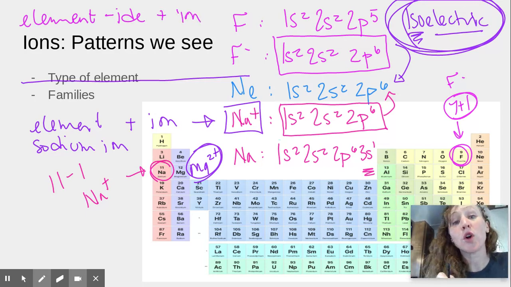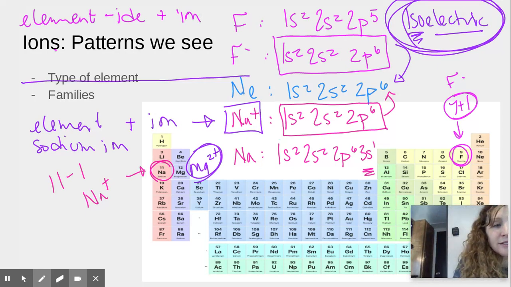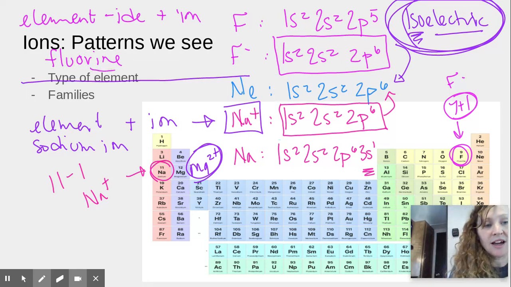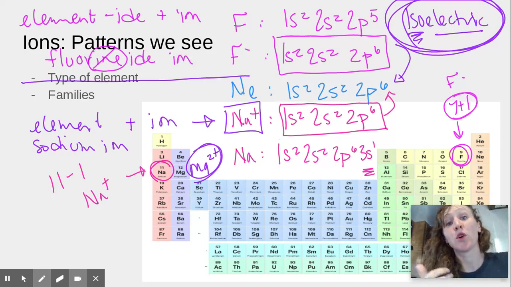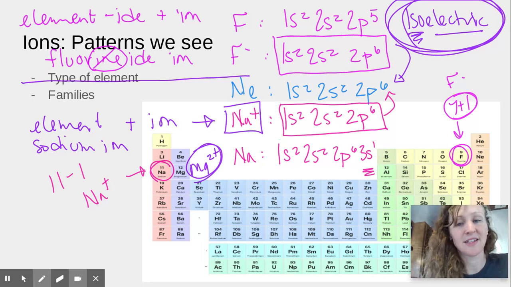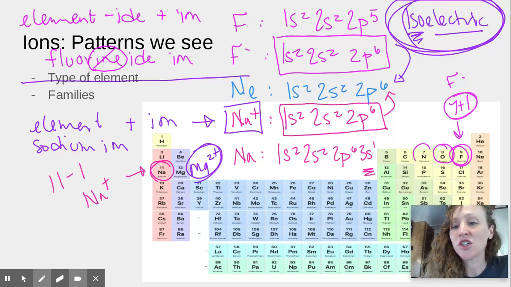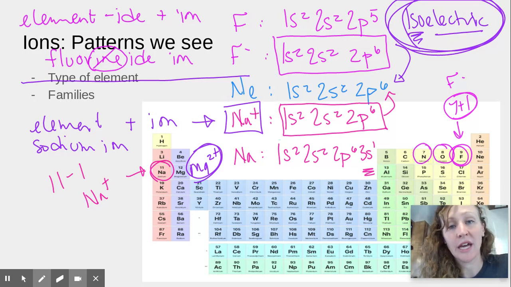So fluorine, the element fluorine, we're going to take off its ending and put on the ending "ide," becomes the fluoride ion. So oxygen would become oxide. Nitrogen would become the nitride ion. What would chlorine become?